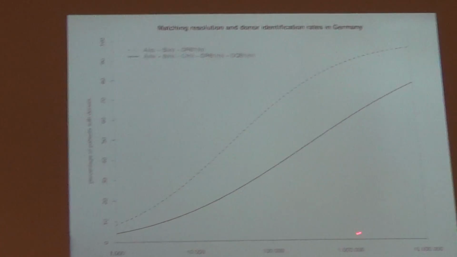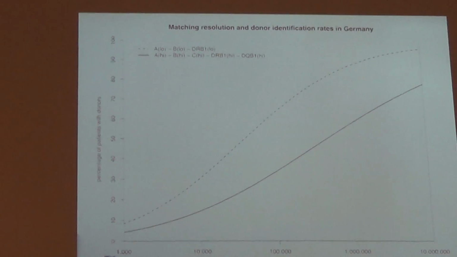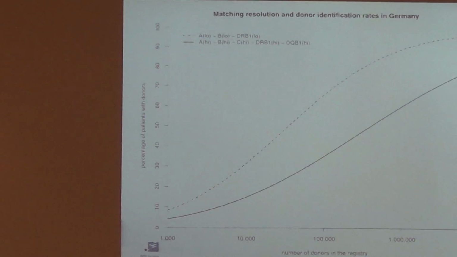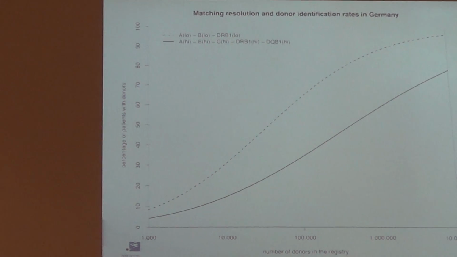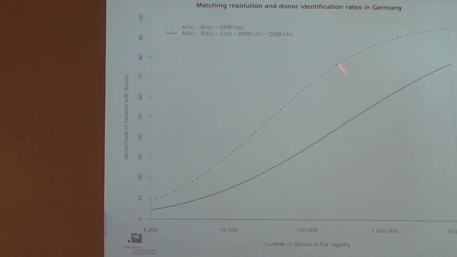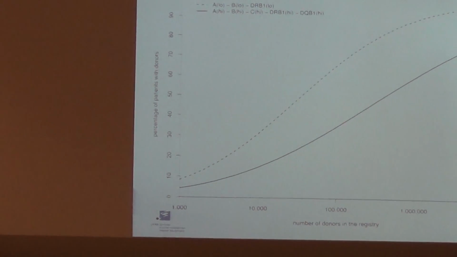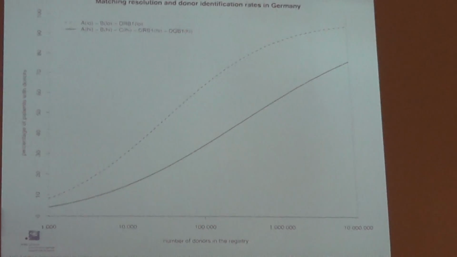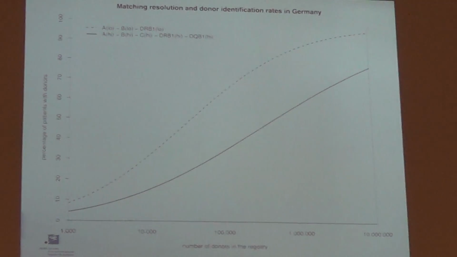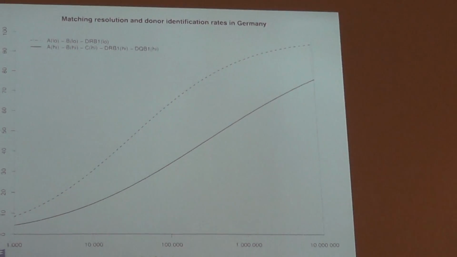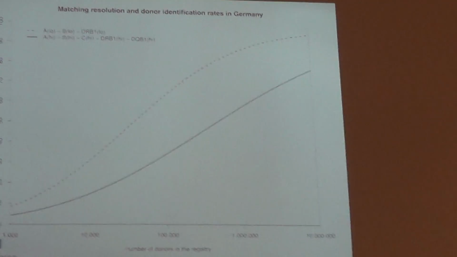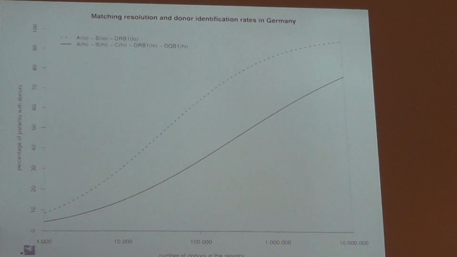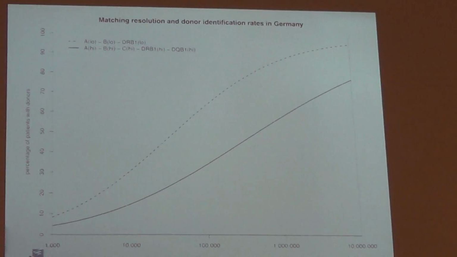So at about 1 million donors, you are finding a match at lower resolution 3 locus level for about 87% of the German patients. However, only for about 57% if you're going at 5 loci, A, B, C, DRB1, DQB1 at high resolution.